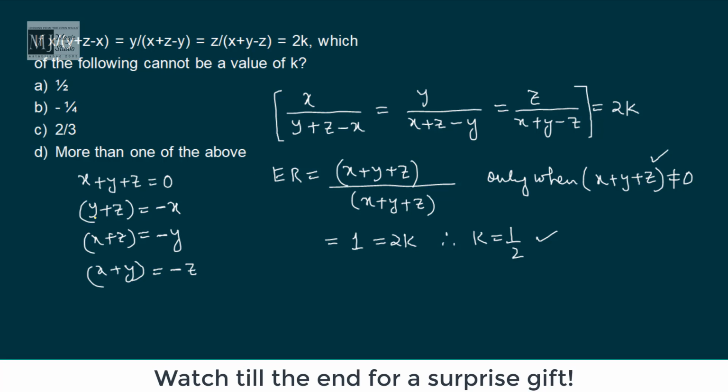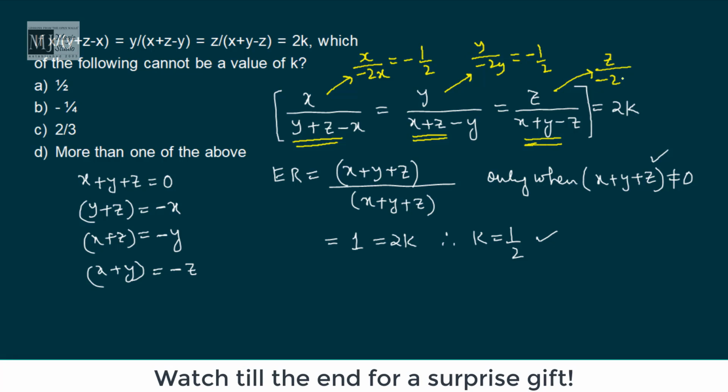Now, if I put y plus z is equal to minus x here, this ratio will become x upon minus 2x, that is minus half. If I put x plus z is equal to minus y, this will also become y upon minus 2y, that is minus half. If I put x plus y equal to minus z, this will also become z upon minus 2z, that is equal to minus half.